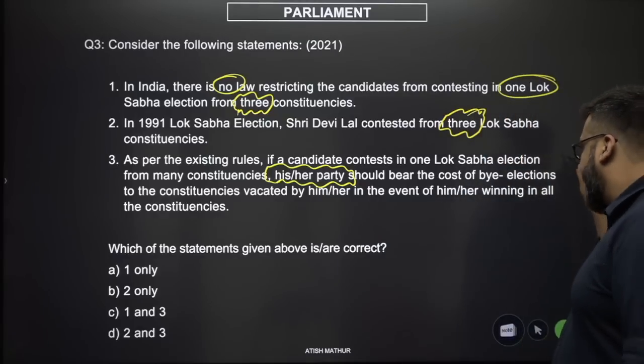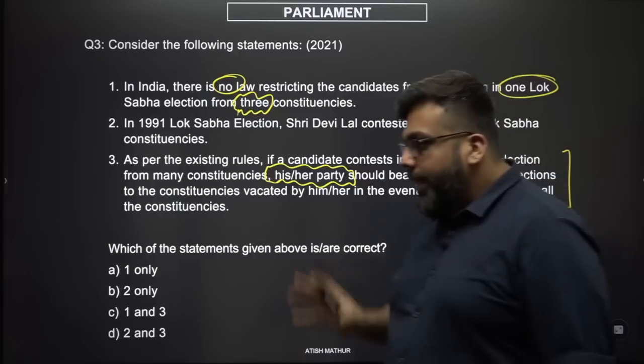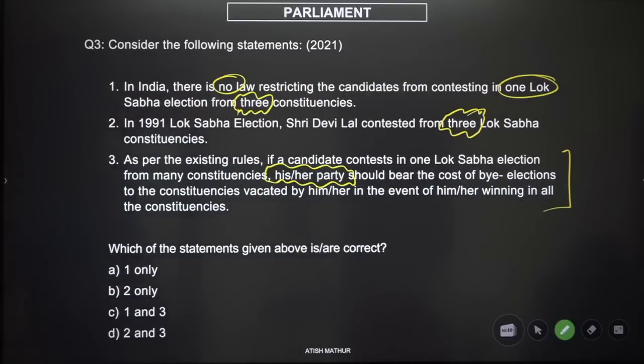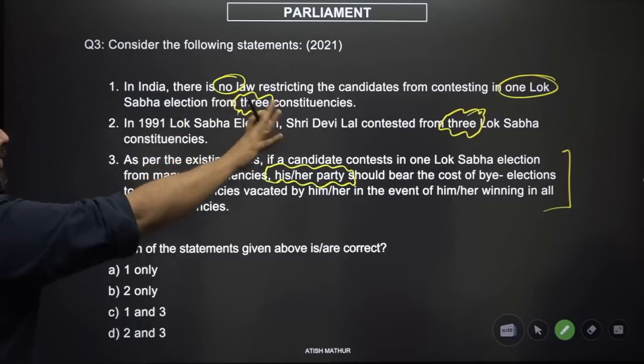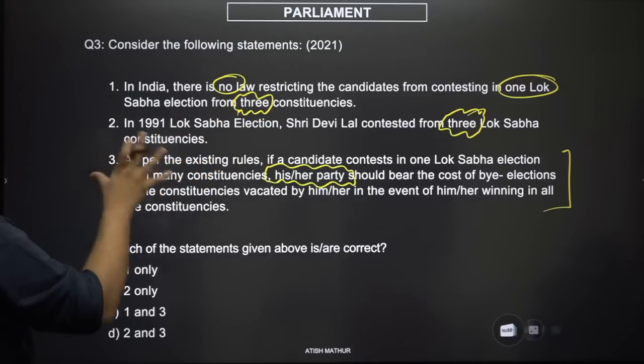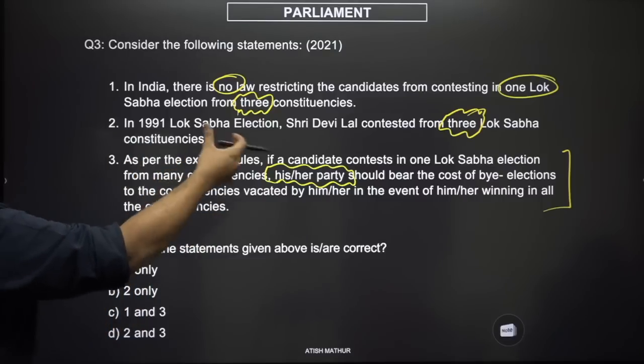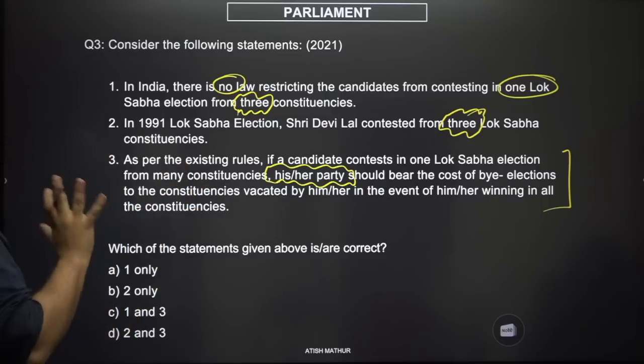All right, fair enough. Now, let's look at this question carefully. First things first, in India, there is no law restricting the candidates from contesting from 3 elections. In the 1991 Lok Sabha election, Devilal contested from 3 Lok Sabha constituencies.